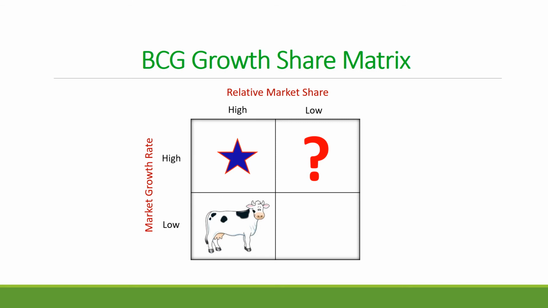Now coming to the next type of business, it is the dogs. The businesses with a low market share in a low growth market are called dogs. These businesses have a very low competitive position. The reason may be their high cost or low quality, or their marketing may not be effective.